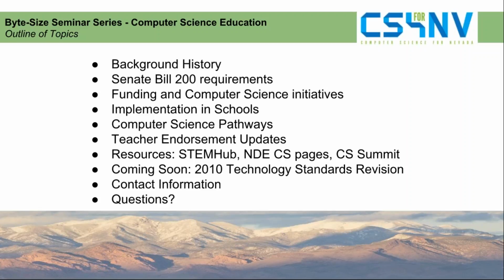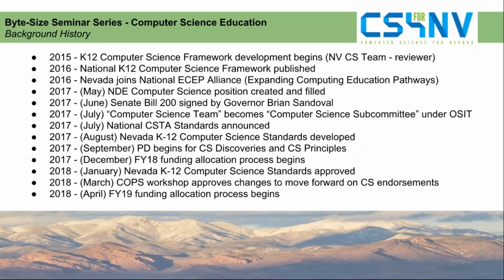What this looks like implementing in the schools, particularly in elementary. Teacher endorsement updates and how that impacts moving forward. Then I'm going to provide some resources, and we'll talk about technology standards revision coming up, give you my contact information, and then talk about any remaining questions that we haven't already discussed.